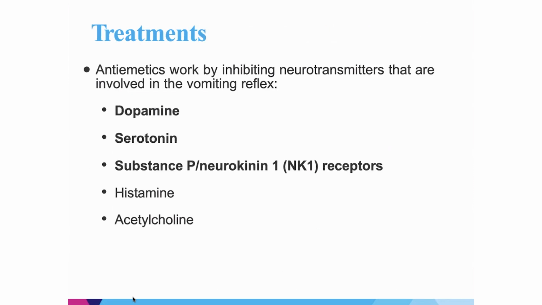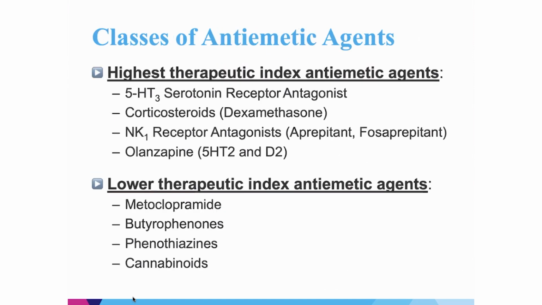So I spoke about a number of different receptors involved in general nausea and vomiting. In chemo-induced nausea and vomiting, the main ones that we're targeting are dopamine, serotonin, and substance P, the neurokinin-1 receptors. So the high therapeutic index antiemetic agents are your 5-HT3 serotonin receptor antagonists, these are your ondansetrons, your palonosetrons.